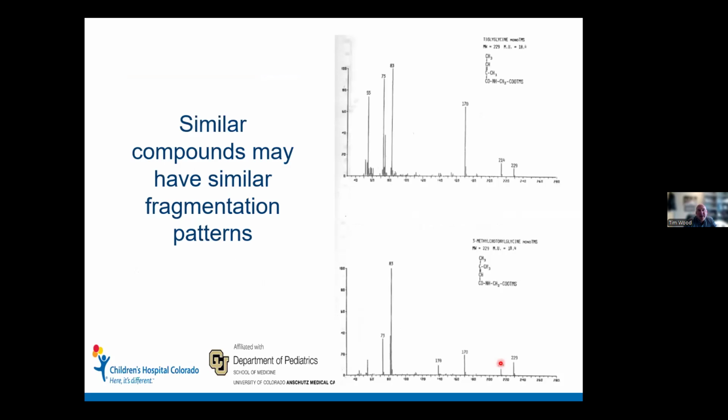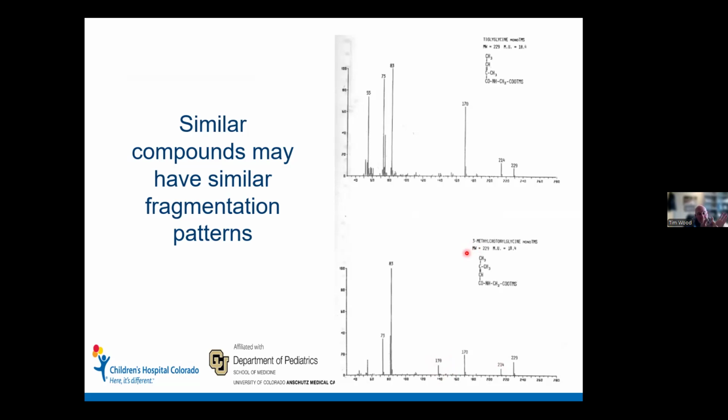So keep in mind that similar compounds may have similar fragmentation patterns. So here's tiglylglycine, here's 3-methylcrotonylglycine. The structures, again, this is all from Dr. Goodman's book. You can see that there's several ions that are shared, but we'll use the GCMS to separate these chromatographically. And then, for example, that 139 ion here at the bottom is going to be seen, or more abundant at least, in 3-methylcrotonylglycine and in tiglylglycine.